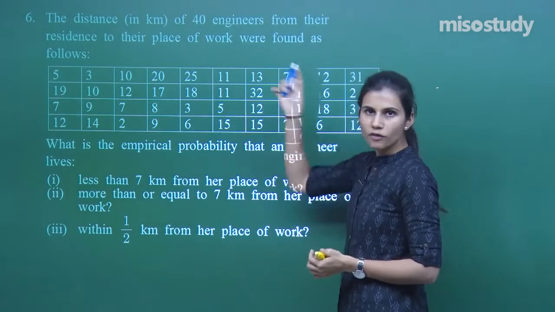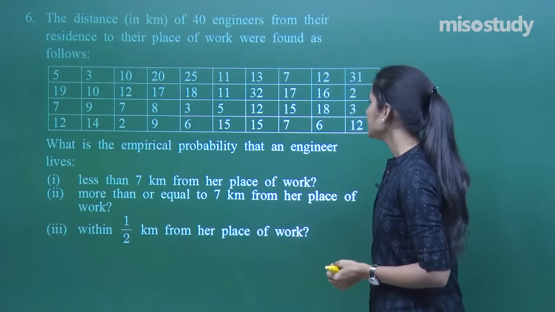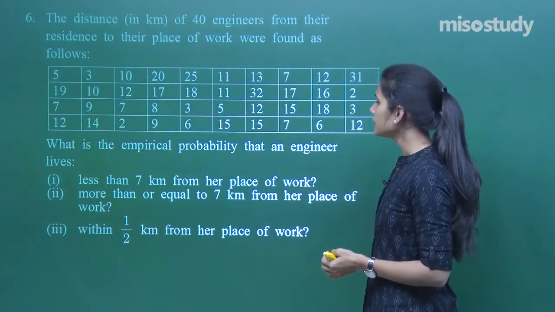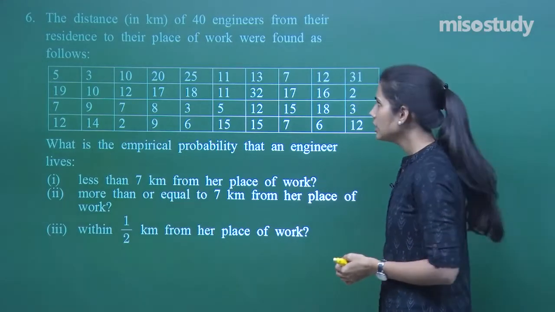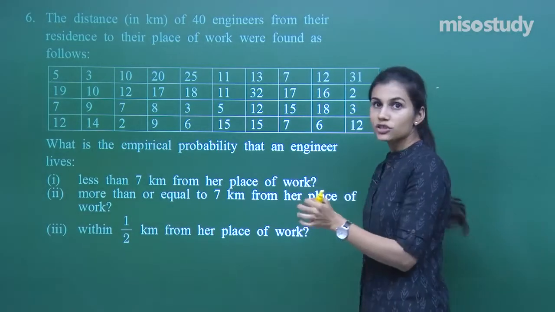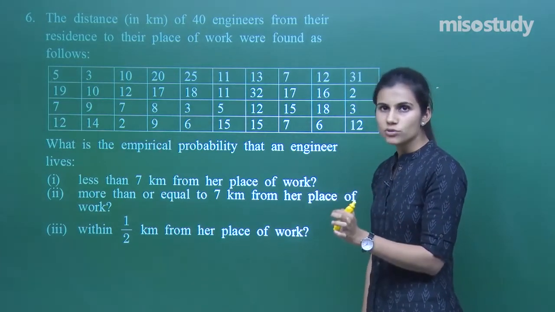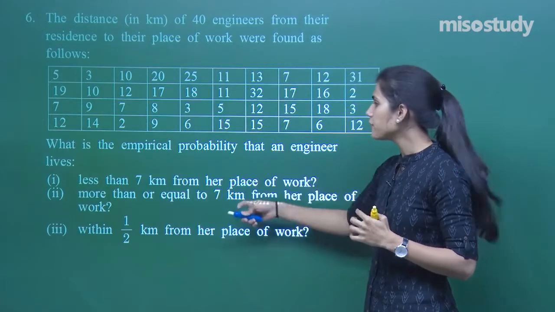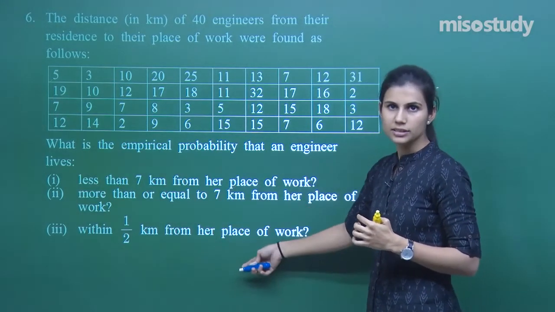So this is the data of 40 engineers. What is the empirical probability that an engineer lives less than 7 kilometers from her place of work? Here the data is collected of 40 engineers. How many values out of these 40 values are favoring this first event, this second event, this third event?